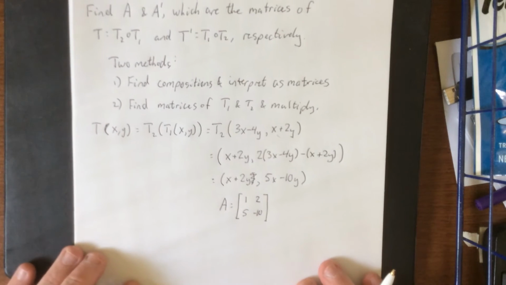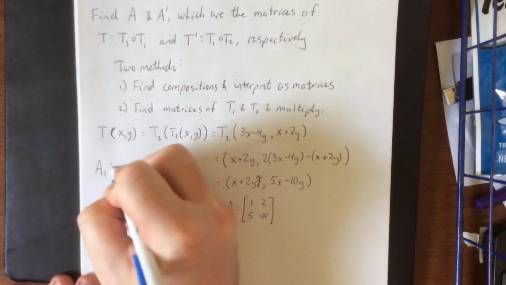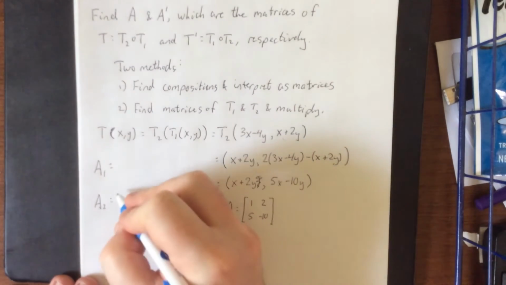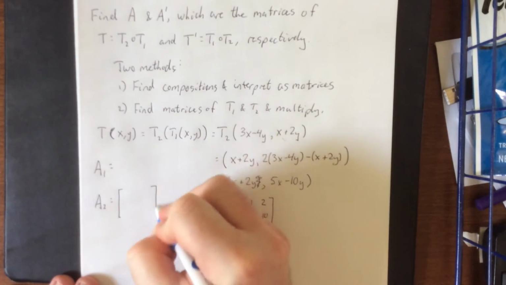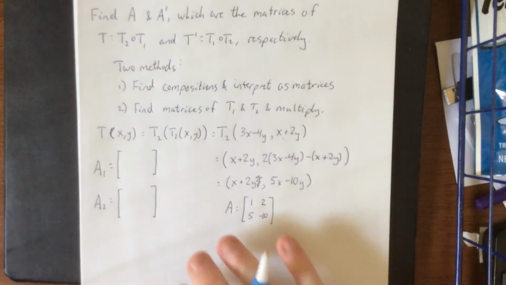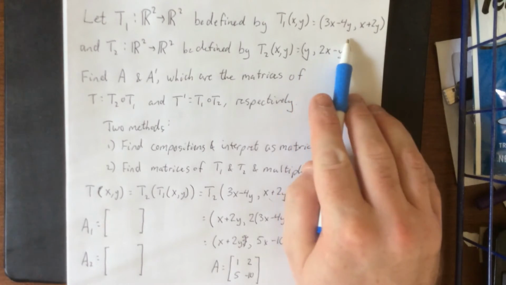Now the alternative way to make this happen is we could identify the matrix A1 of transformation T1 and A2 of transformation T2, and then multiply in the appropriate order. So the matrix for A1, once again, we read right to left through the two components.